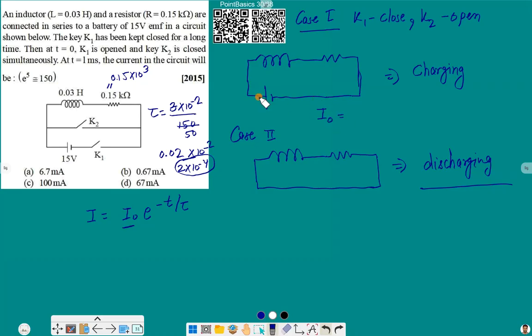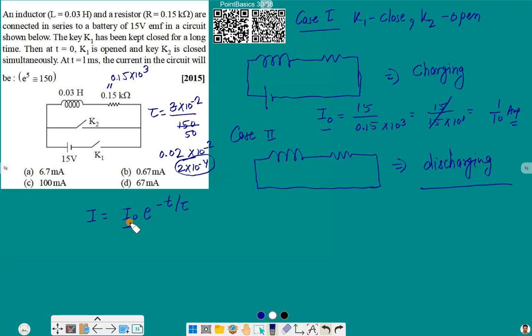So I node will be EMF by the resistance. EMF is 15 and resistance is 0.15 kilo ohm. So 0.15 into 10 raised to power 3, that will be 15 into 10 raised to power 1, or 1 by 10 ampere is the value of maximum current that can flow.